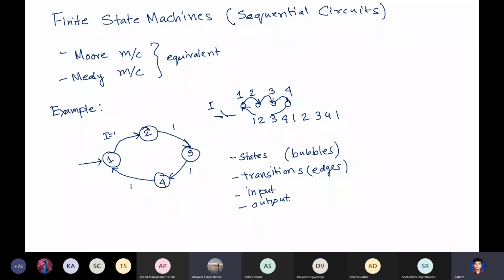So this diagram that I have drawn would be called a state transition graph, or a state transition diagram, or whatever.